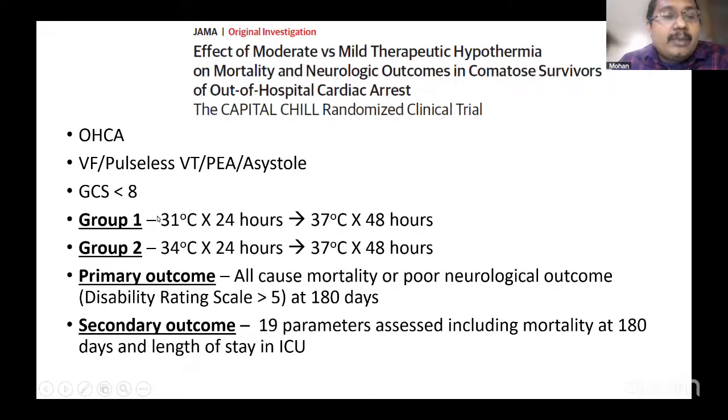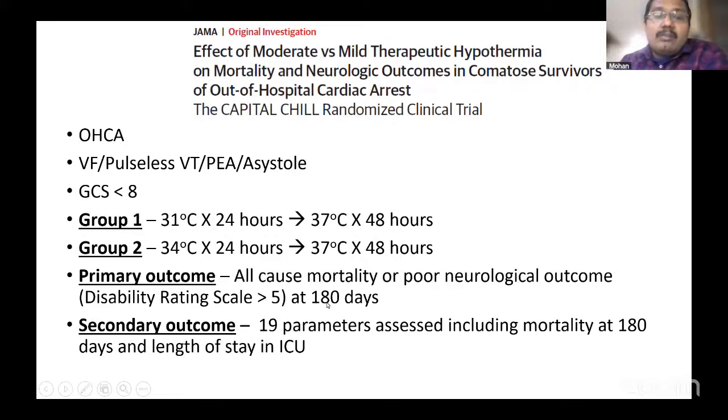Group 1 got moderate hypothermia for 24 hours, which is 31 degrees centigrade, followed by maintaining temperature at 37 degrees centigrade for 48 hours. In group 2, it is 34 degrees centigrade for 24 hours and 37 degrees centigrade for 48 hours. Now they are looking at all-cause mortality or poor neurological outcome at 180 days.